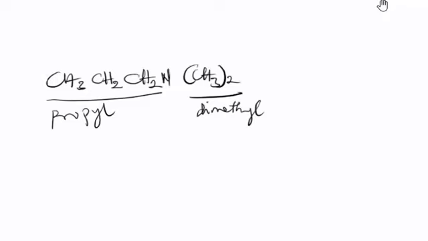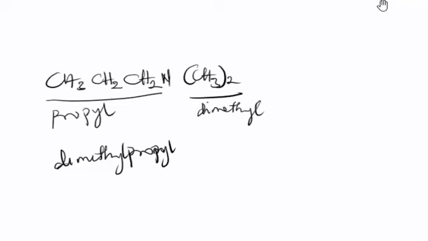So I can simply go ahead and name this dimethylpropylamine. So notice that I wrote dimethyl first before propyl because D comes before P.